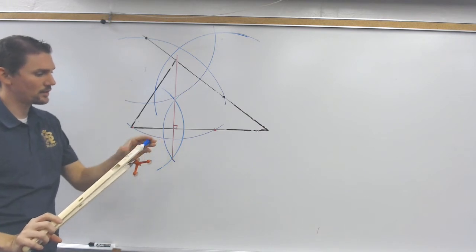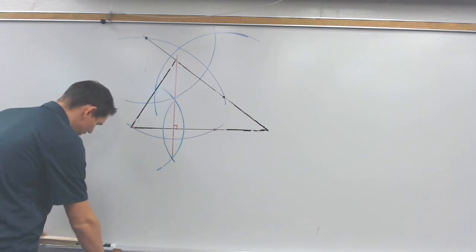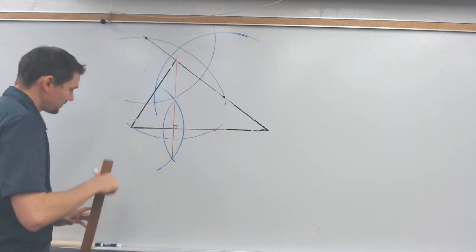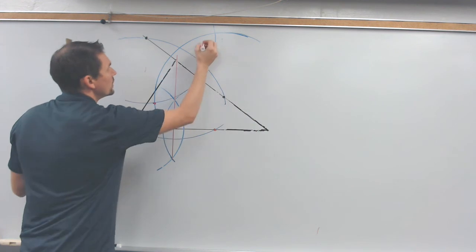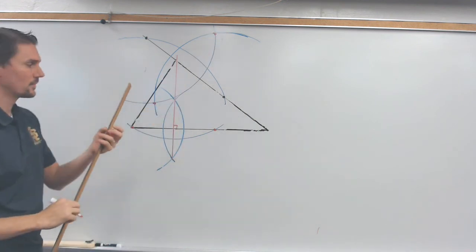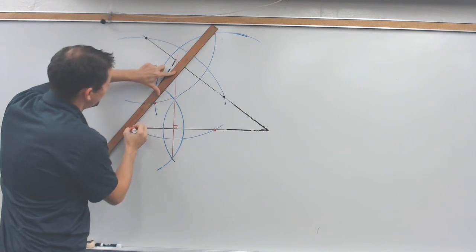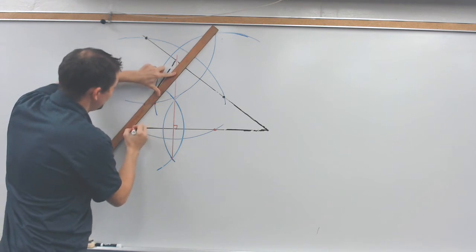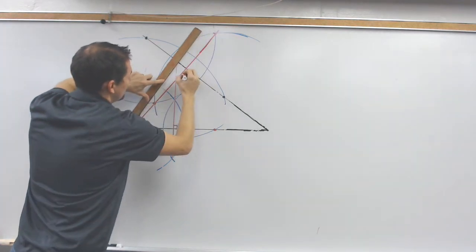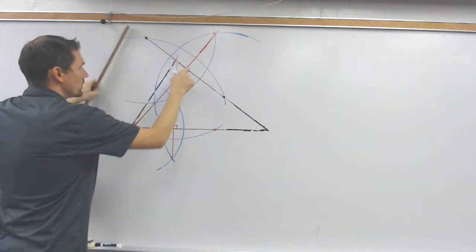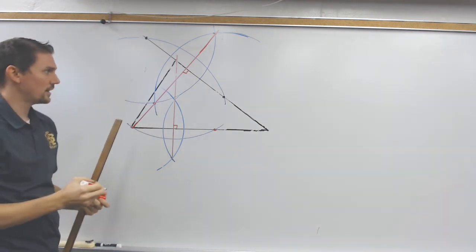And we connect the dots with my red marker for altitude. So I'm going to connect these 1, 2, 3 dots, and when I do that, I would get my altitude on that side. 90 degrees, going through 1, 2, 3 points. And we have our second altitude.